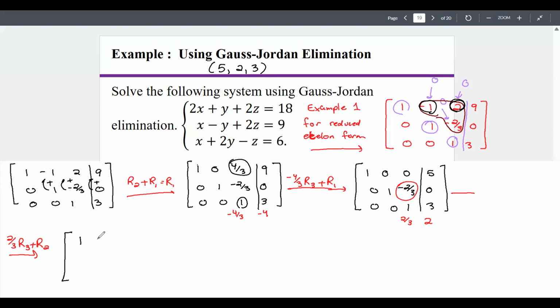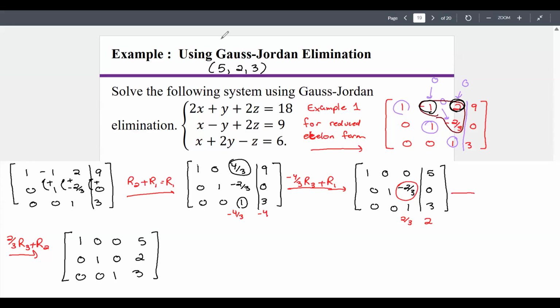So the equation is 1, 0, 0, 5. Now we have 0, and then 0 plus 1 is 1. 2/3 plus -2/3 is 0, and 2 plus 0 is 2. And we see that we got y equals 2 now. 0, 0, 1, 3.